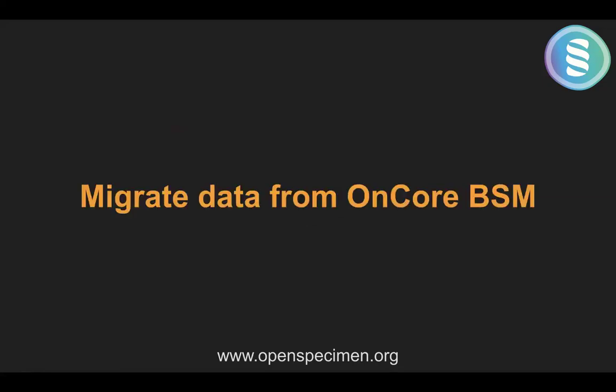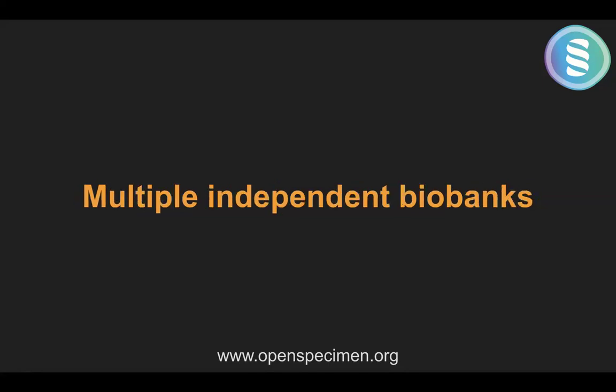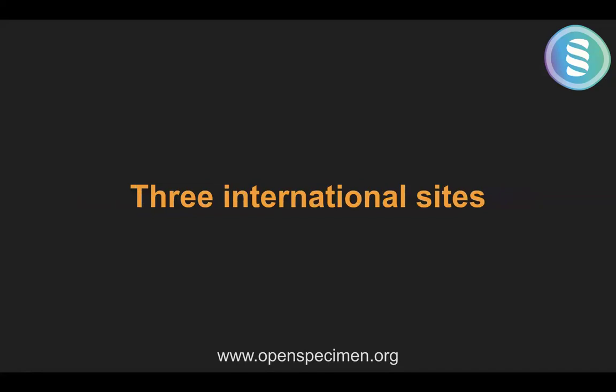So Indiana University was using the Encore BSM module, and it's, I think, almost about 15 years of data. I think they were also using something else before Encore BSM. So overall, the data was huge. Multiple independent biobanks in IU were using BSM, and we migrated all of them into OpenSpecimen.